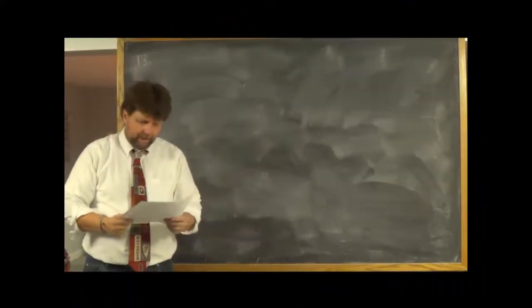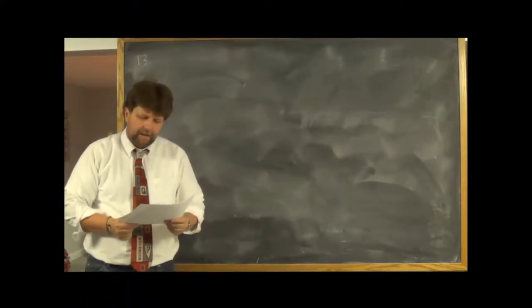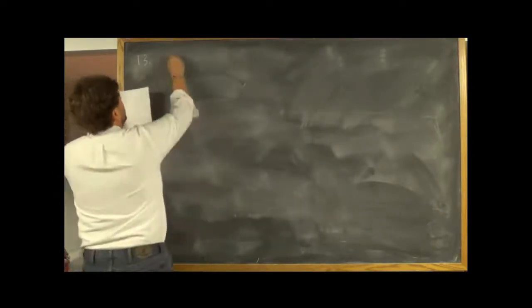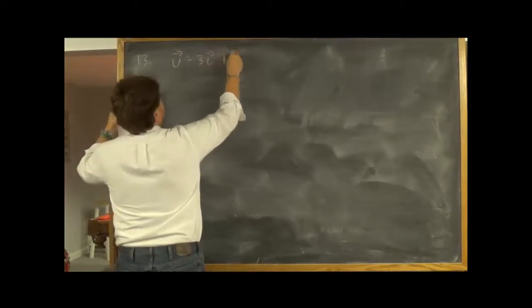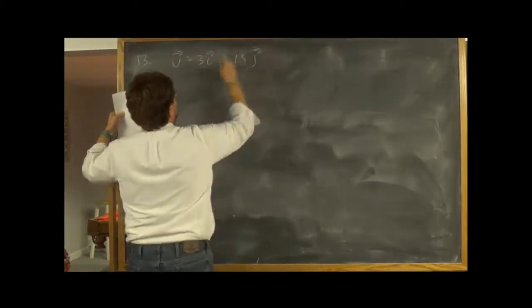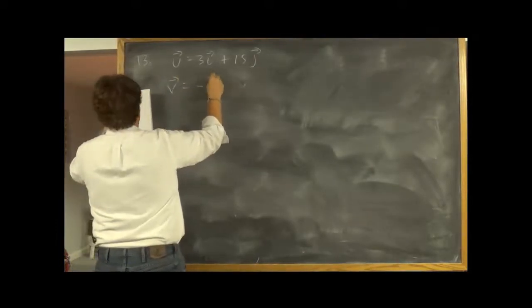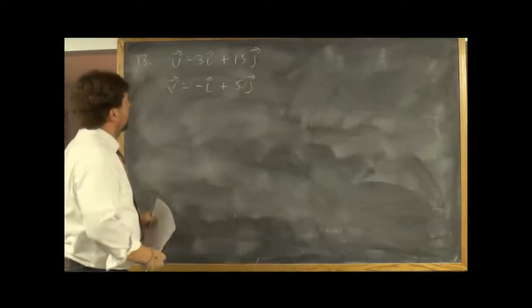All right, in the last one, number 13, I asked you whether two vectors are orthogonal, parallel, or neither. The two vectors I gave you were u equals 3i plus 15j, and vector v was negative i plus 5j.